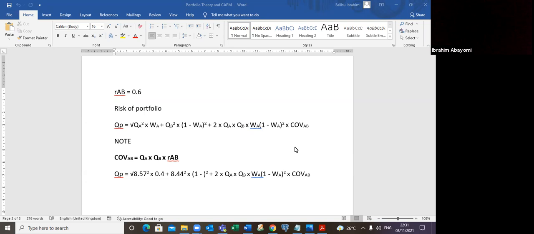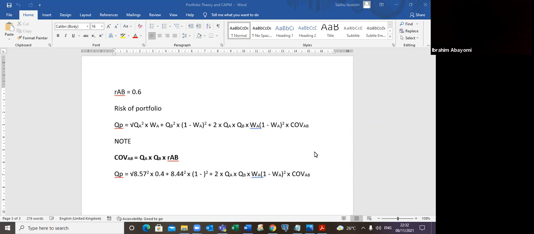I explained that for an investor to diversify, to say that he has diversified away risk, that investor must have invested in two or more investments that are either negatively correlated or have a correlation of 0.